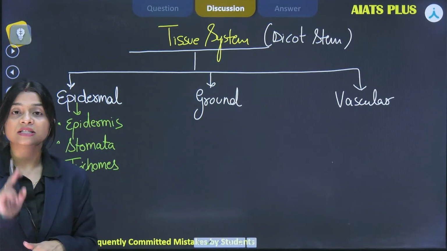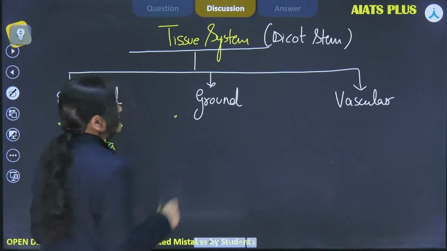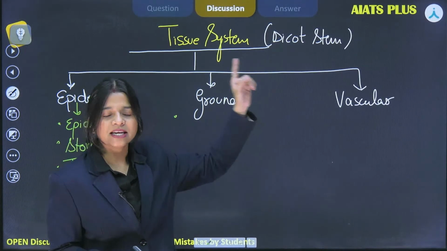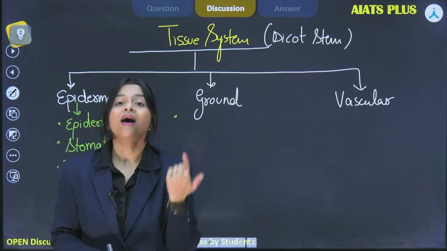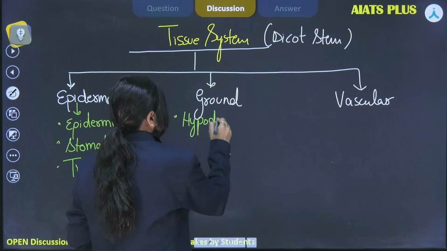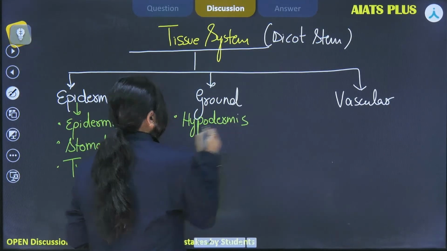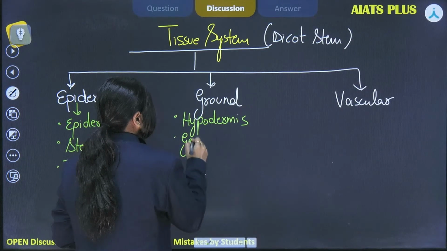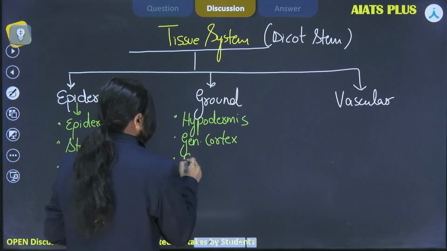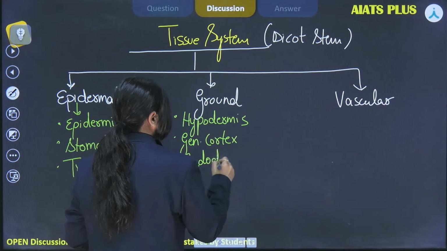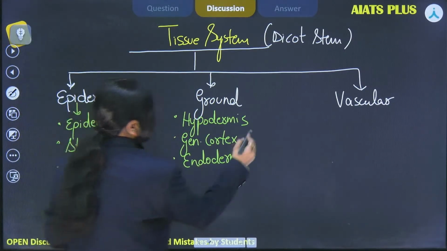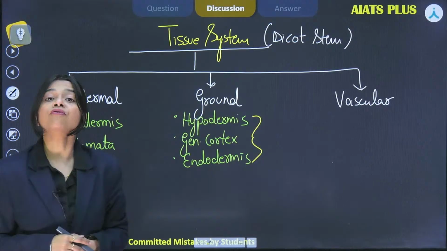Now the ground tissue system will comprise of, first of all, see, after epidermis, which layer comes next? In case of dicot stem, it will be hypodermis. Second will be the general cortex, and the third one will be the endodermis. Now all three form the region of cortex.